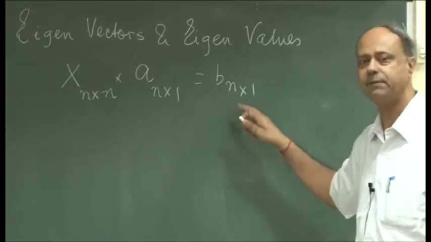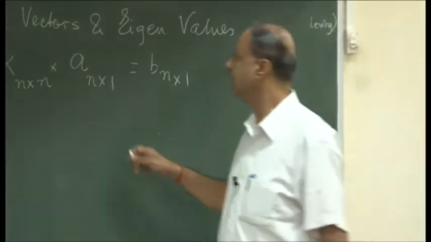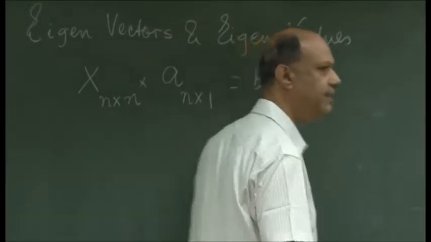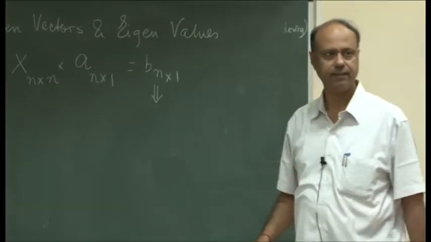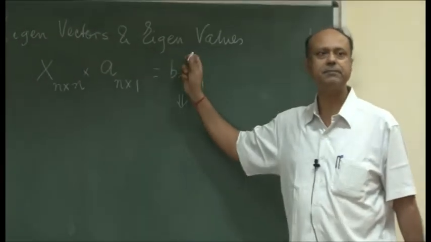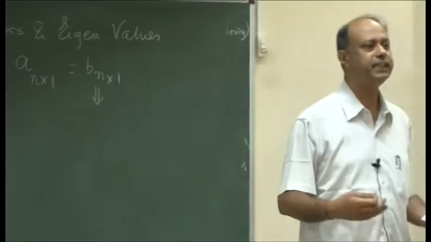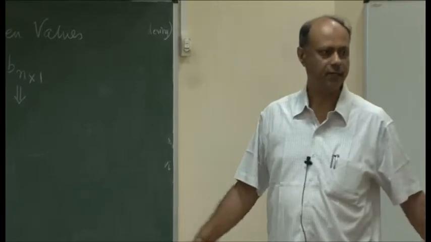Now, these two vectors are parallel when one can be expressed as a scalar multiplication of the other, that is, in terms of the other by multiplying by some real number.